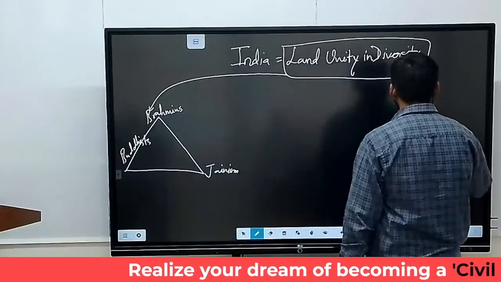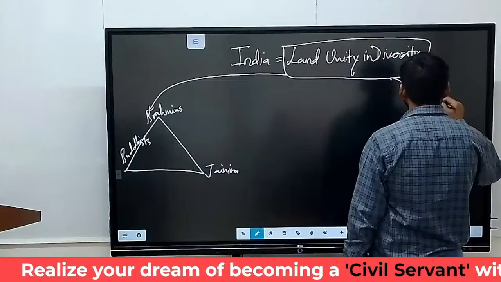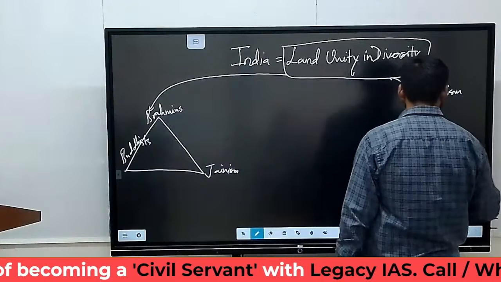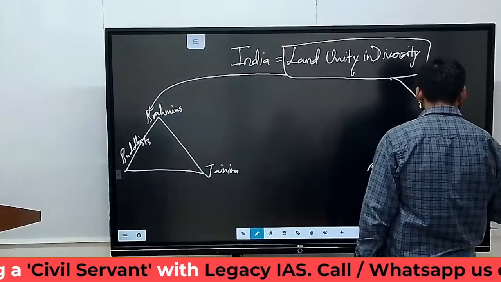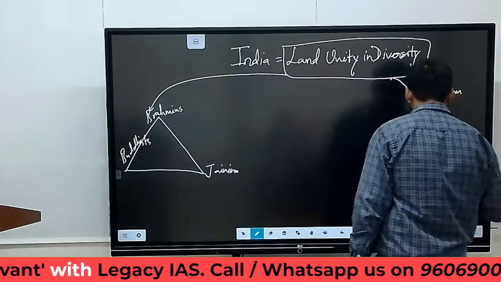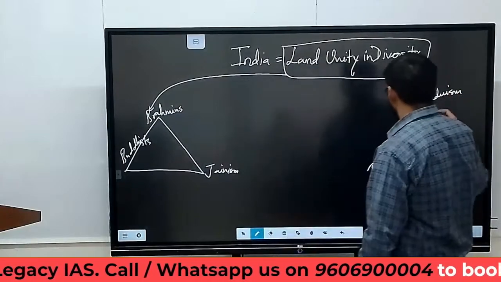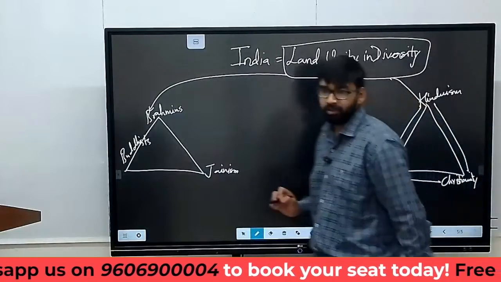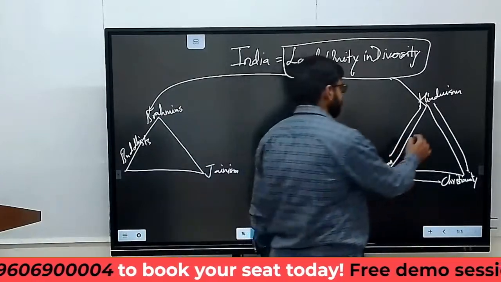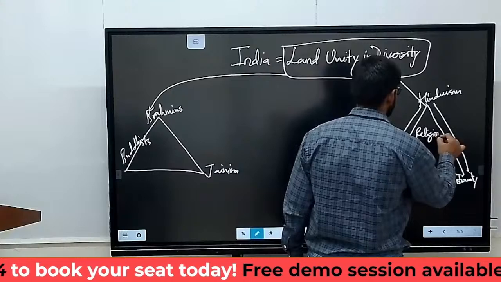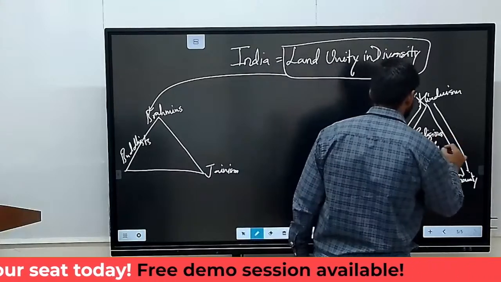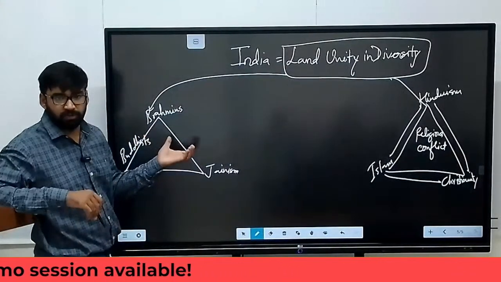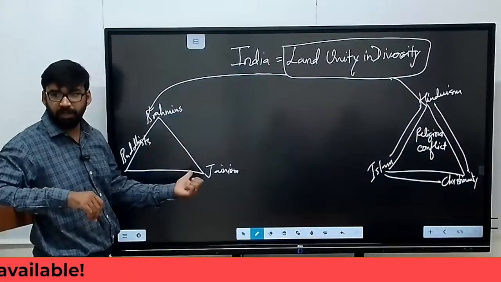Today, the important religions are Hinduism, Islam, Christianity. Just like today we see that there is a religious conflict between Hinduism and Islam, Hinduism and Christianity, Islam and Christianity. Similarly, in ancient times also, religious conflicts were there between Brahmins, Buddhists, and Jainism.